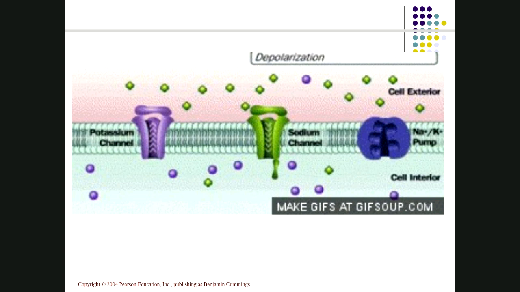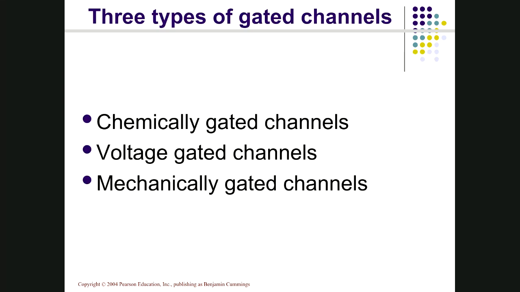So there's a potassium channel and there's a sodium channel. Well, remember these gated channels have doors on them. They have gates on them. And a lot of times doors have locks. And that's exactly what's true here.